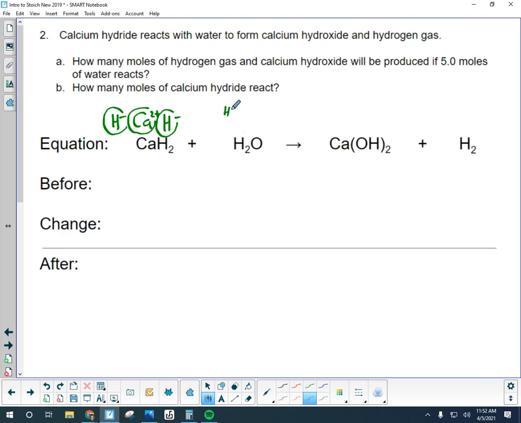H2O, we've seen H2O's molecule a lot, right? It's a bent molecule, 2 hydrogen, 1 oxygen. Calcium hydroxide, another ionic compound. Calcium is still a +2 ion. And then we have a question of how we want to represent hydroxide. So again, a little review.